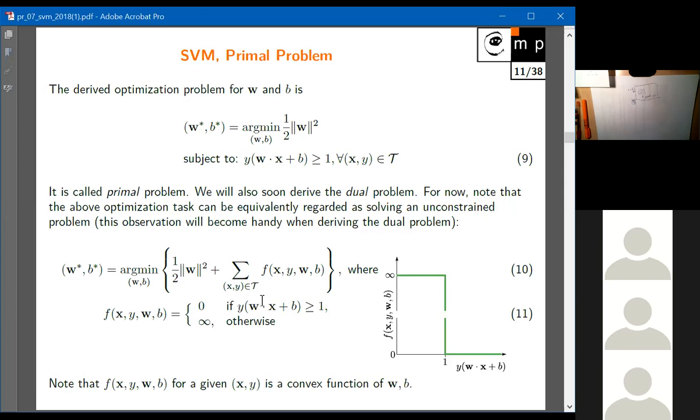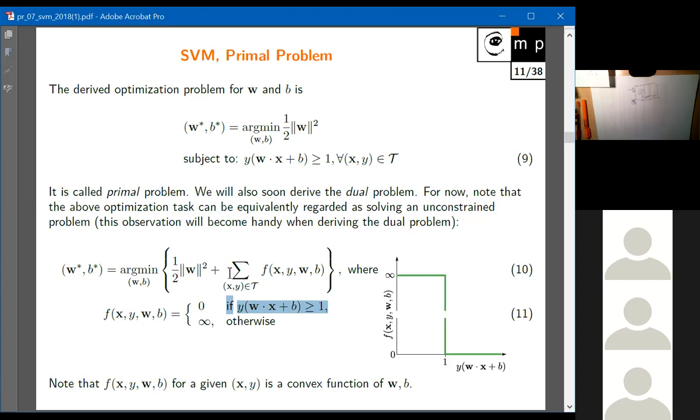If we add to our cost function a term which looks like a sum of f of x, y, w, and b, where f has this property: it is equal to infinity if the constraint is not satisfied, else it is equal to 0.